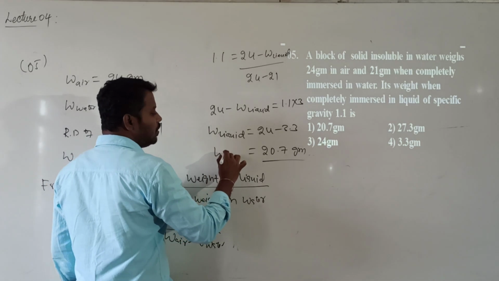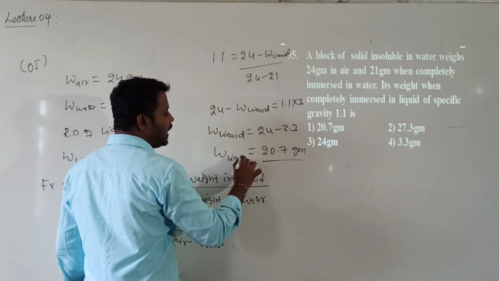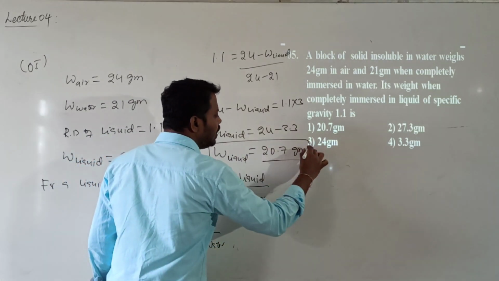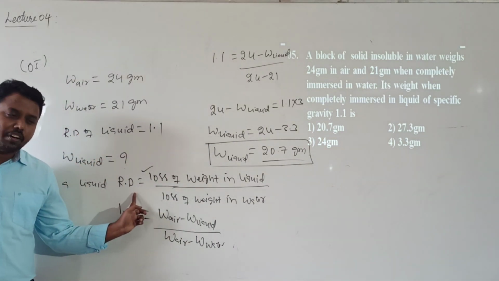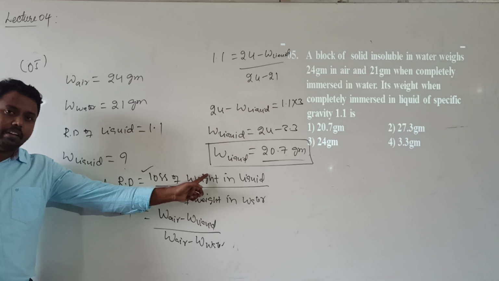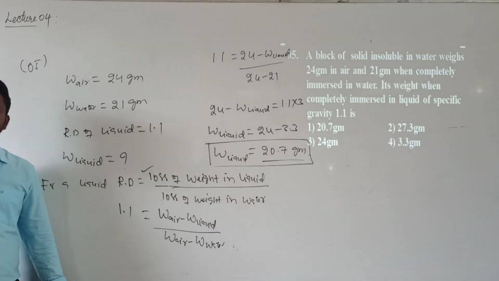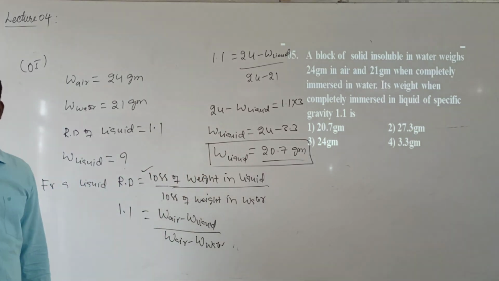So this is the weight of the body in liquid. Understood now? Do you know this formula? For a liquid, the relative density is the loss of weight in liquid divided by the loss of weight in water. So this is the 5th question.